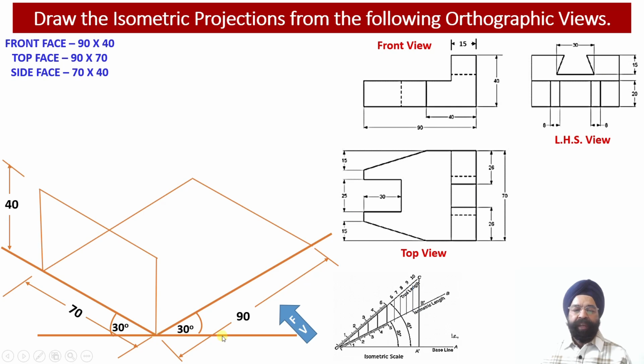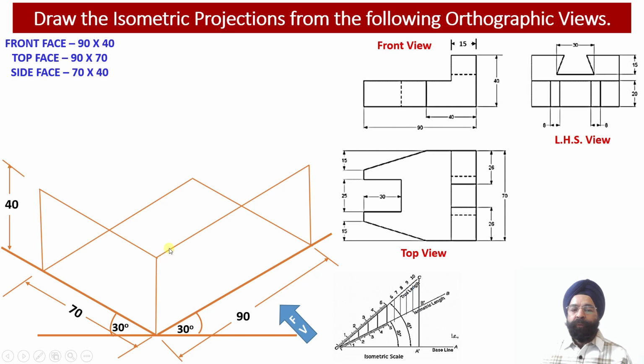Similarly, once we draw these two isometric projector lines, this isometric line happens to measure 90 millimeter and it is parallel to the z-axis. And this isometric projector line is parallel to the y-axis and it measures 40 millimeter.